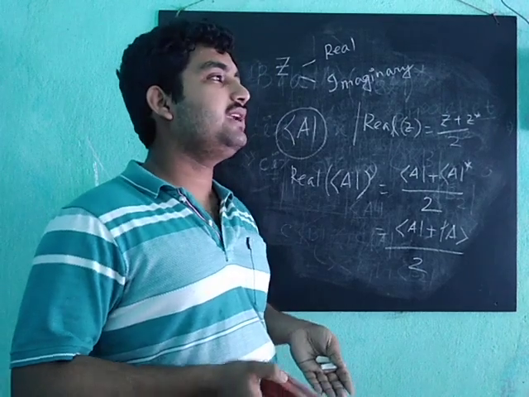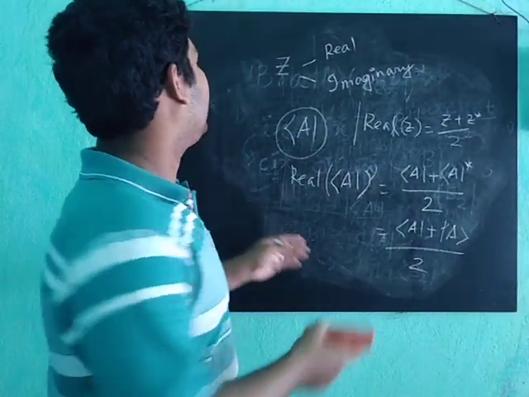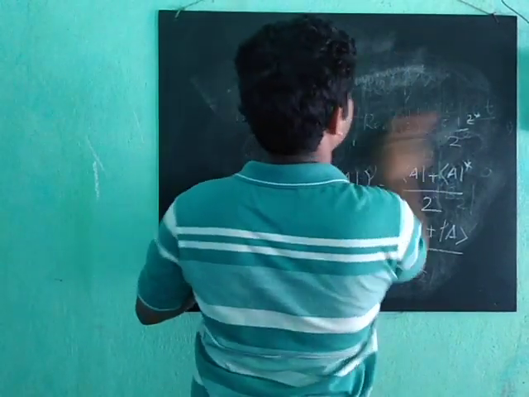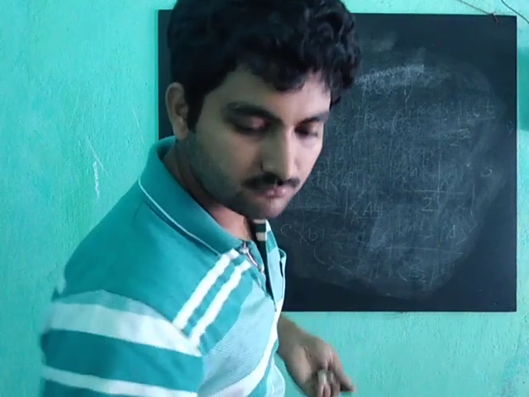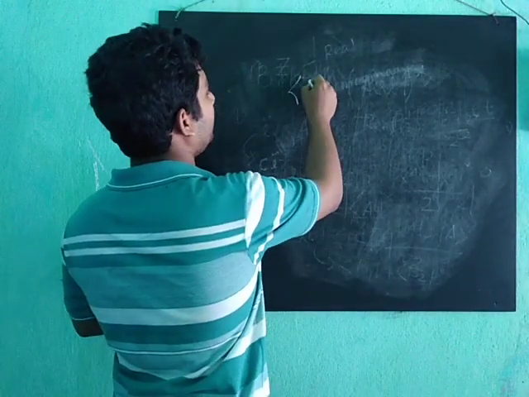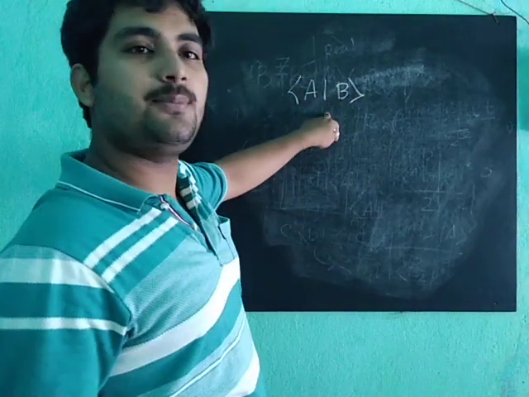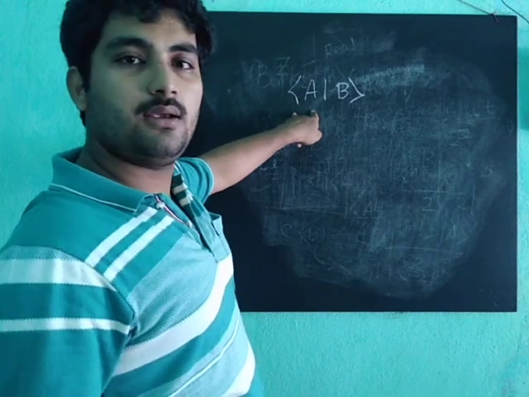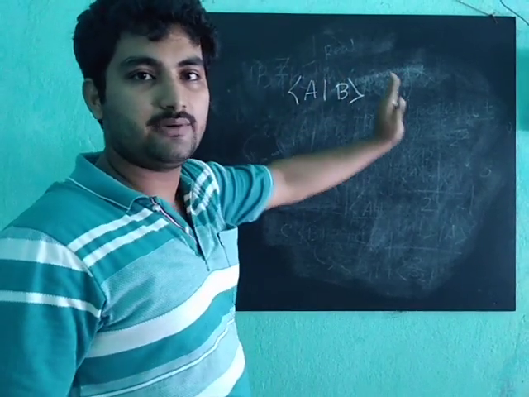Now we have talked about the bra vector and ket vector and some of their properties. There is one more assumption that I am going to make. Suppose I have this scalar product between A, which is a bra, and B, which is a ket.